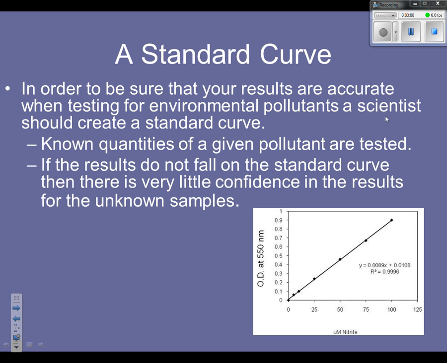The standard curve will have points that you can relate your results to. If your results do not fall on that standard curve line, then you really can't be confident in those results. And therefore, you can either reject or not reject your hypothesis.